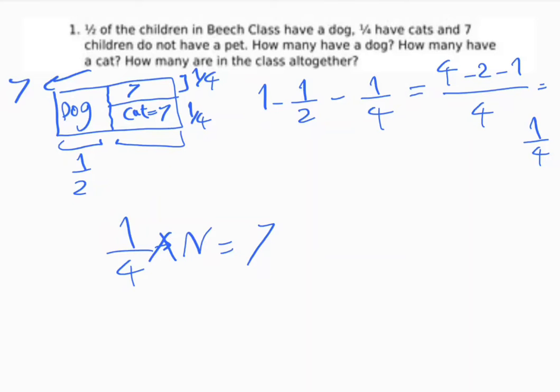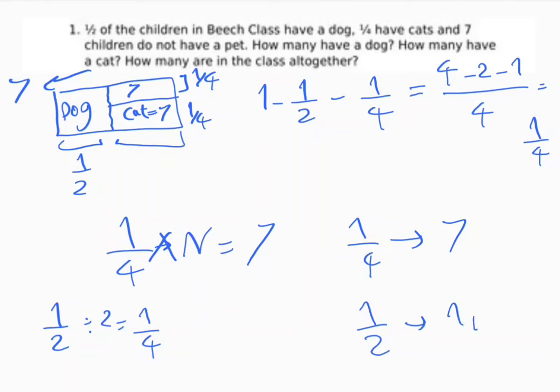We said that half of a half is a quarter, and a quarter of the children in that class is 7. So half of the students should be 14.